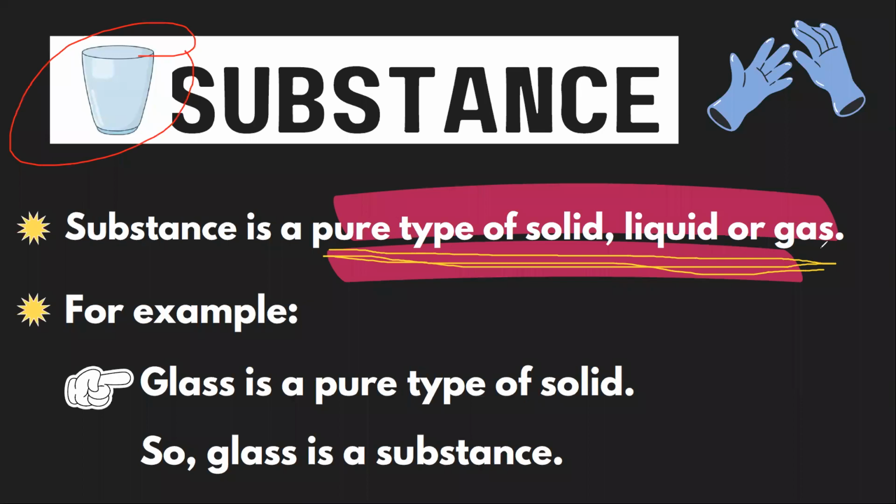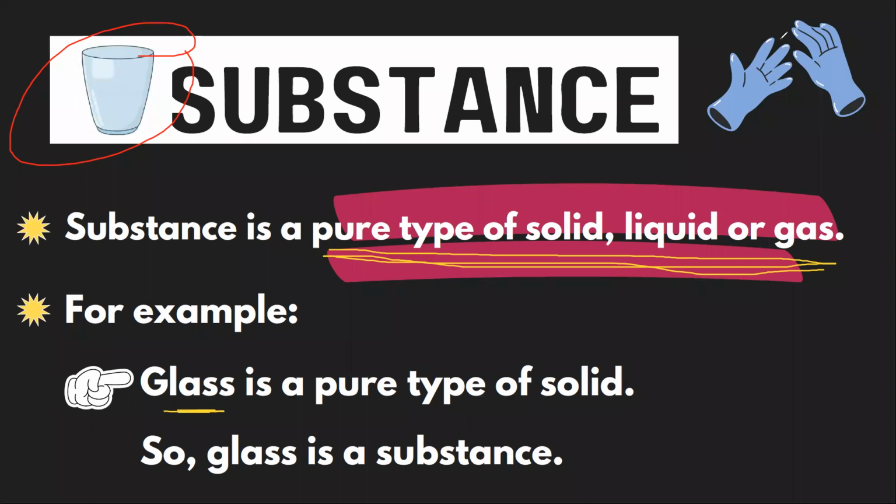Then a substance means a pure type of solid, liquid, or gas. For example, glass is a pure type of solid. When you see a glass, you don't see more than that, you only see glass. So it's a pure type of solid. So glass is a substance.